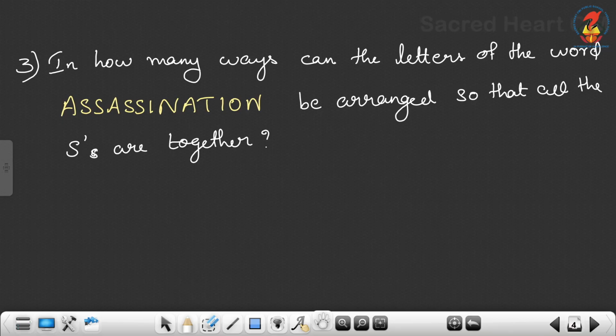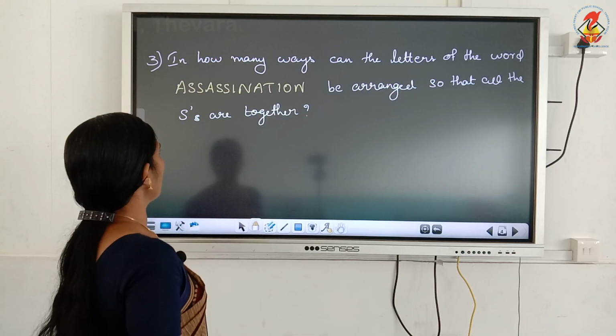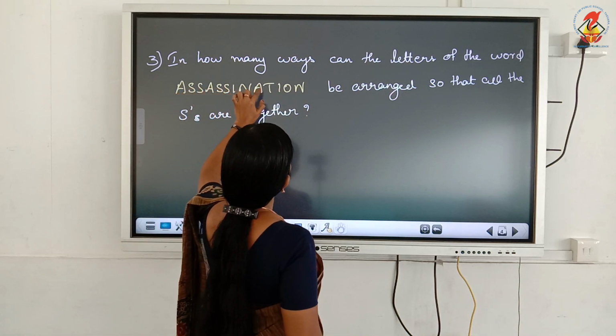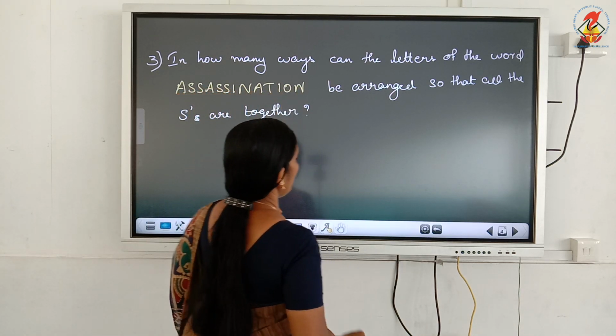In how many ways can the letters of the word assassination be arranged so that all s are together? Here together, not together, no, together. So first you have to count how many letters, how many s. 1, 2, 3, 4, 5, 6, 7, 8, 9, 10, 11, 12, 13.